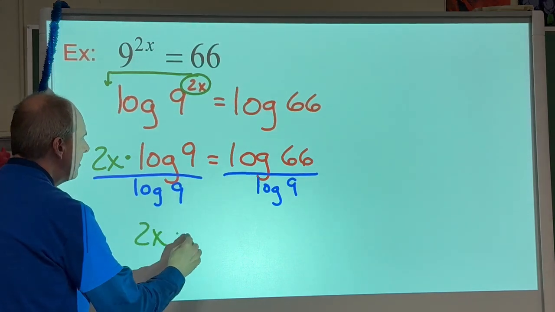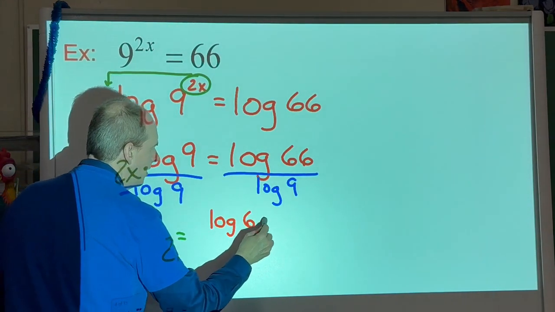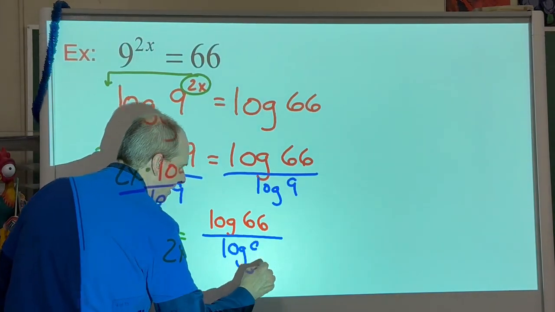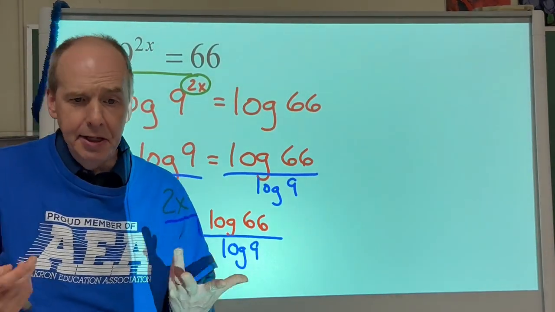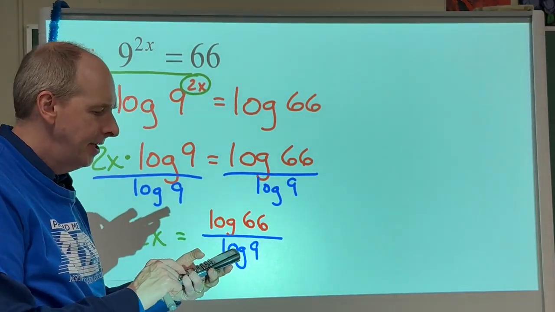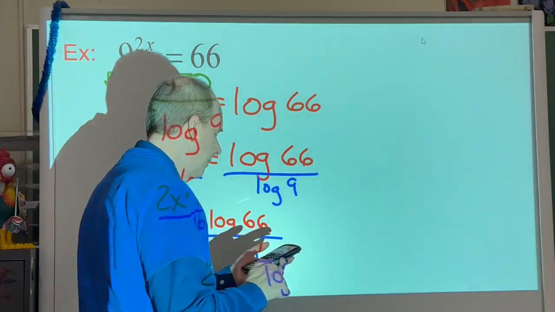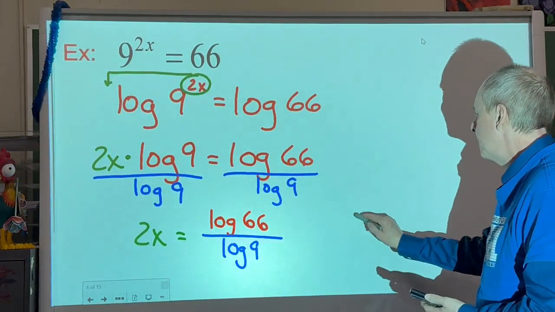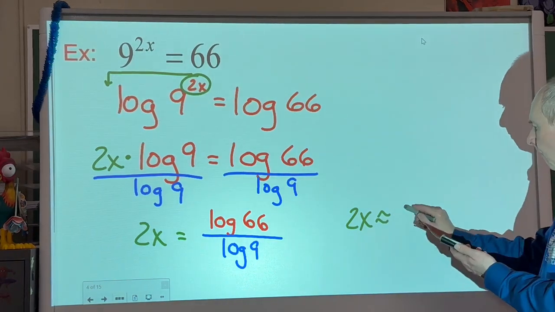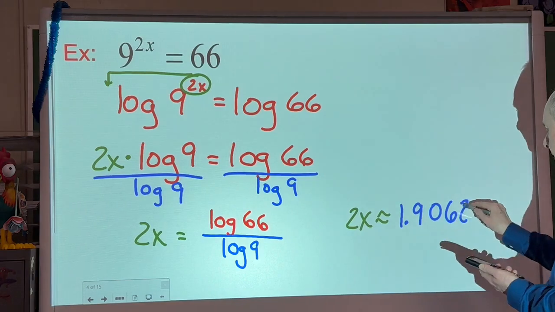So 2x would equal log of 66 divided by log of 9. I probably want to use a calculator at this point because I don't know what that is. Log of 66, close parentheses, divided by log of 9. So 2x is about 1.9068.